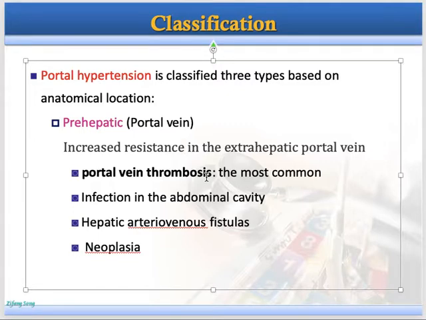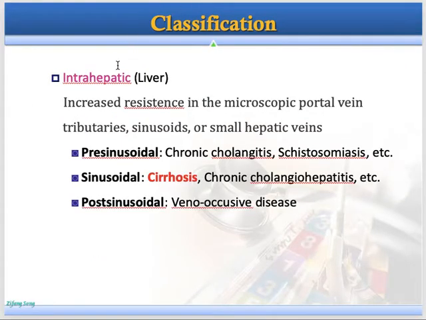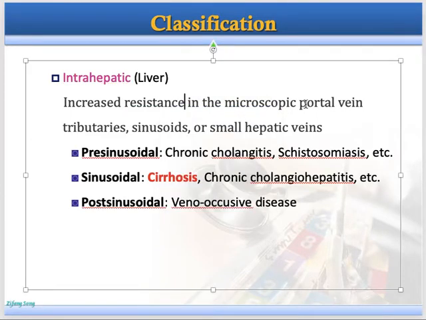For example, people who have portal vein thrombosis, this is the most common one, then infection in the abdominal cavity, hepatic arteriovenous fistulas, and neoplasms. Then there could be intrahepatic or liver causes, when there is increased resistance in the microscopic portal vein tributary, sinusoids or small hepatic veins.